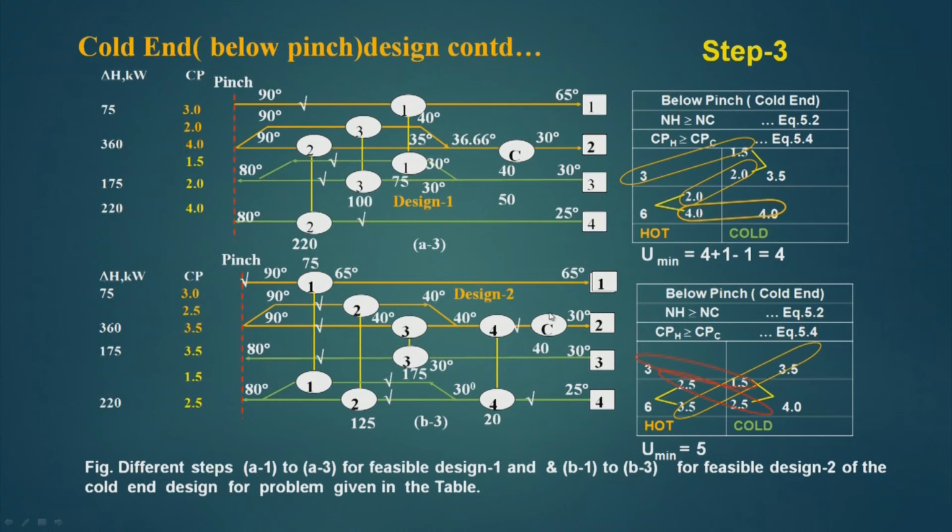Now, the outlet from this is 33.6 degree centigrade. So, 36.66 degree centigrade to 40 degree centigrade I have to put a heat exchanger. So, this exchanger is 4 and this passes 20 kilowatt of heat.